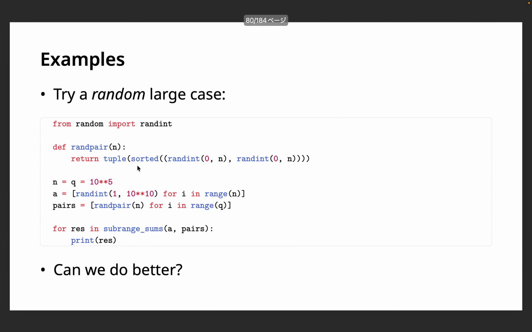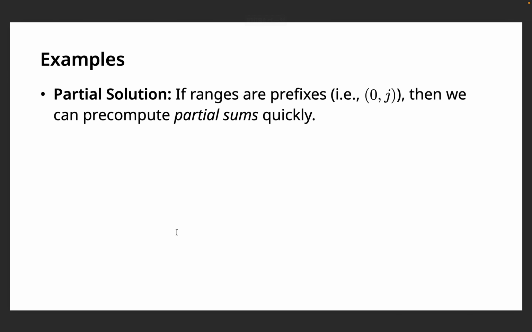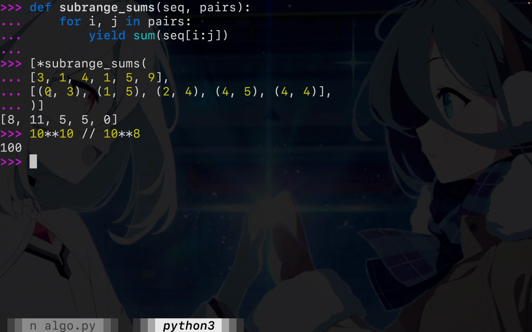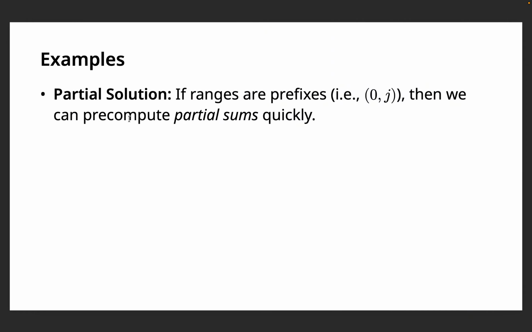So how do we work around that? Let's try doing this one step at a time. What if we only consider the pairs where i is equal to 0? In other words, we only consider the prefixes, or we only consider the problem for prefixes. In that case, what we can do is pre-compute.